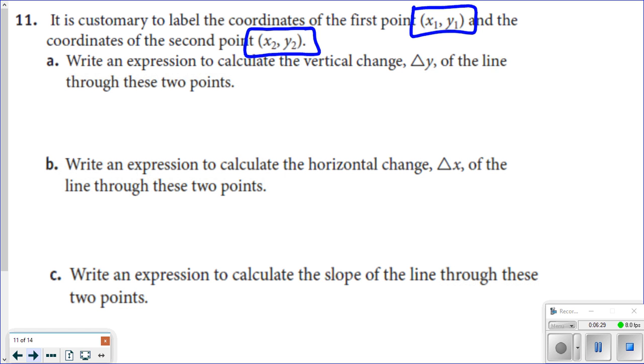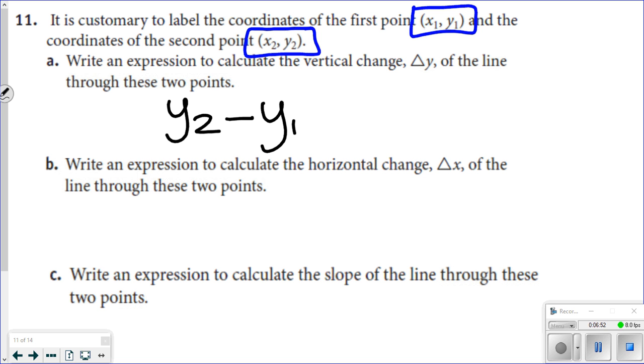Letter A, write an expression to calculate the vertical change, which is our change in y, of the line through these two random points. So what we're going to do is take y2, the y value of our second point, and subtract the y coordinate of our first point.